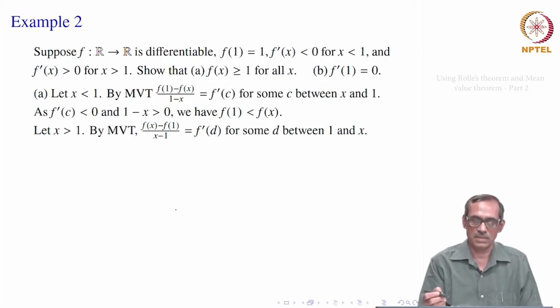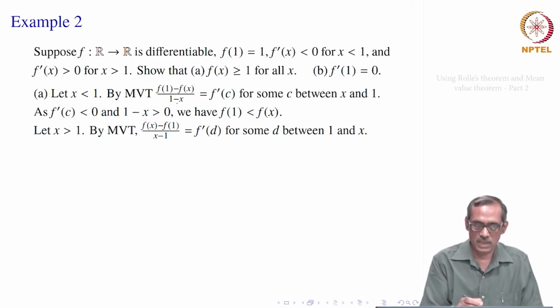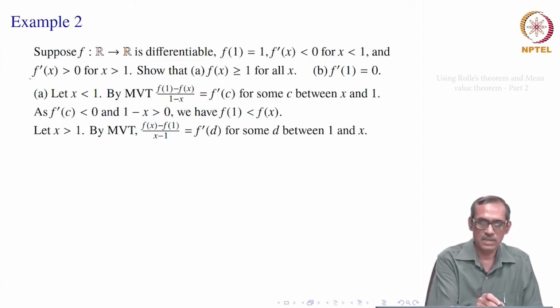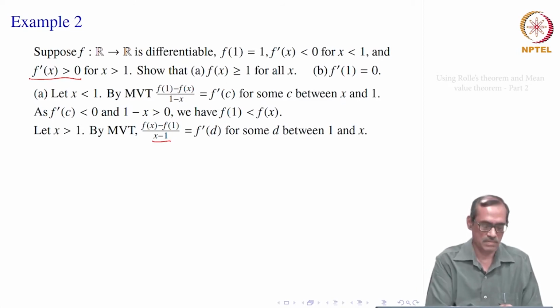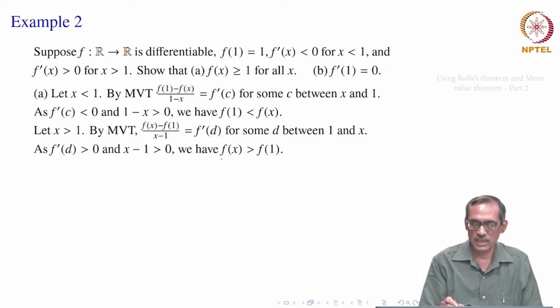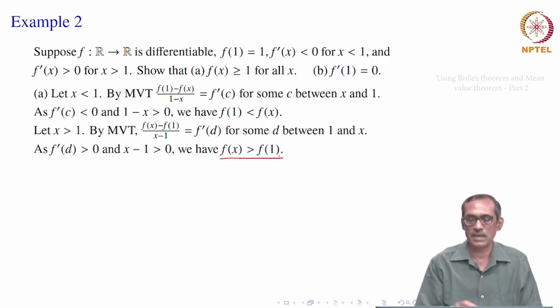Okay. Now again we consider the same way, which one is negative, which one is positive. Here, first thing we know is that f prime d is positive and x minus 1 is positive. Therefore, f x minus f of 1 must be positive. So, it says that f of x is bigger than f of 1.